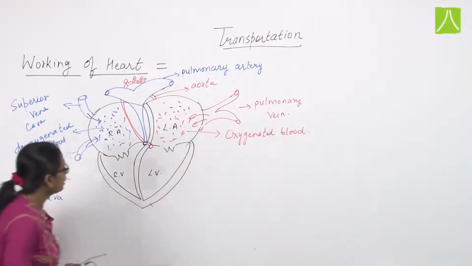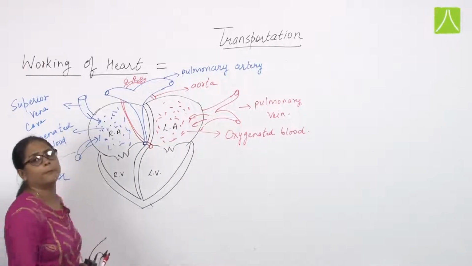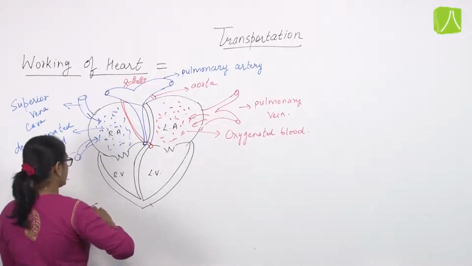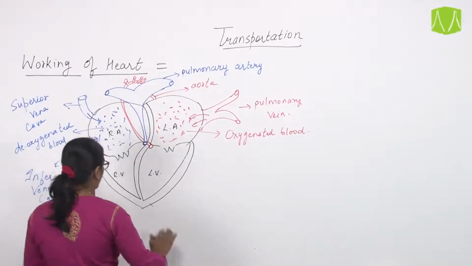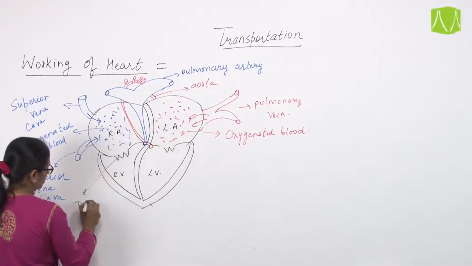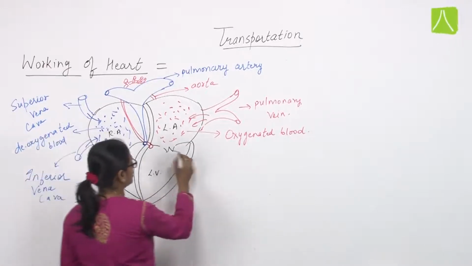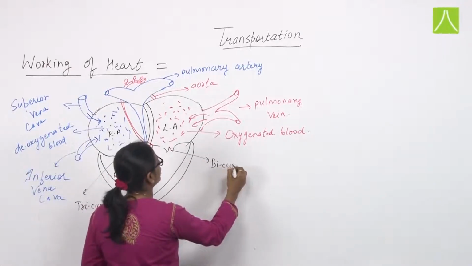Now see, during the entry of blood into the auricles, these valves, that is the bicuspid and tricuspid valves, this is the tricuspid valve and this is the bicuspid valve.